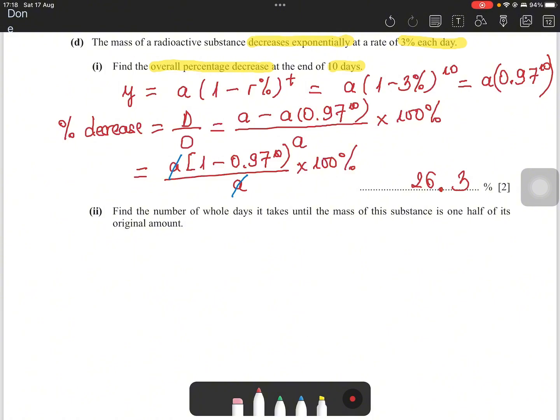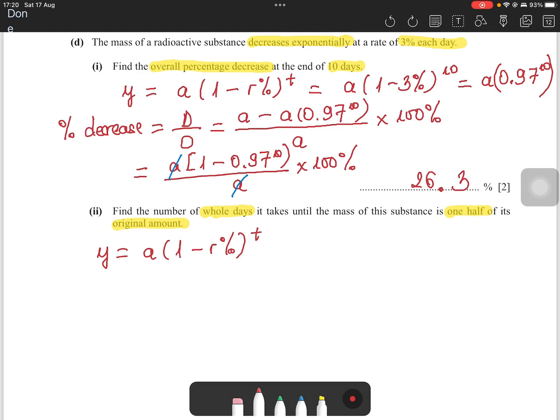Second question, find the number of whole days it takes until the mass of this substance is 1/2 of its original amount. From the previous question, you know that the amount of the substance is Y equals original amount multiplied by 1 minus R% to the power of t.